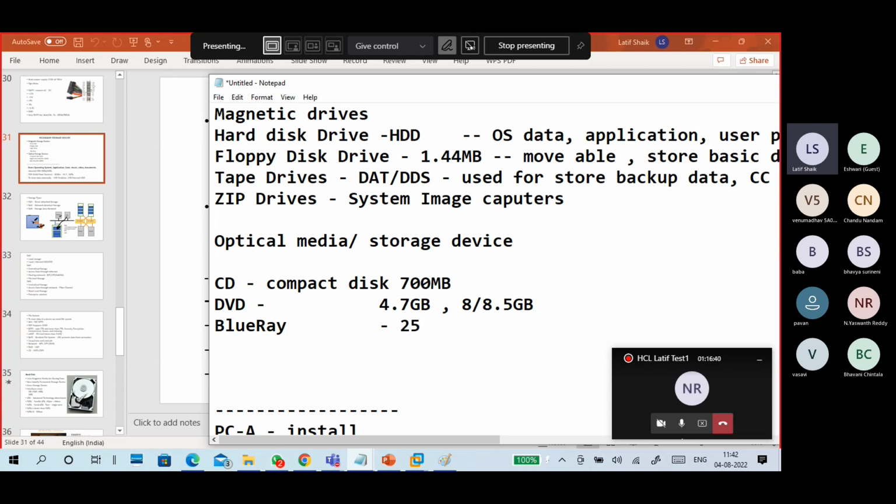Blu-ray is around 25 and 50 GB capacity. Blu-rays are available in different sizes, guys. Currently Blu-rays are used for games, very big games.